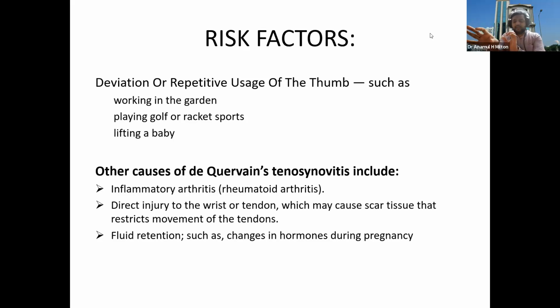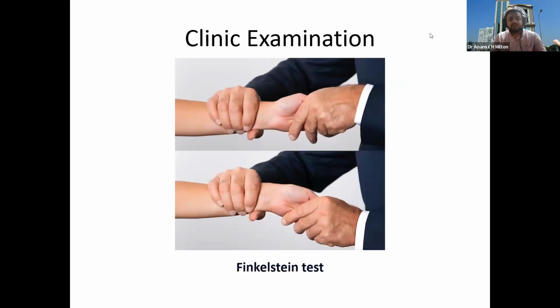This tendon also crosses the joint, so this inflammation may affect the tendon sheath and cause inflammation. Another risk factor is direct trauma, and another is fluid retention due to hormonal changes during pregnancy.